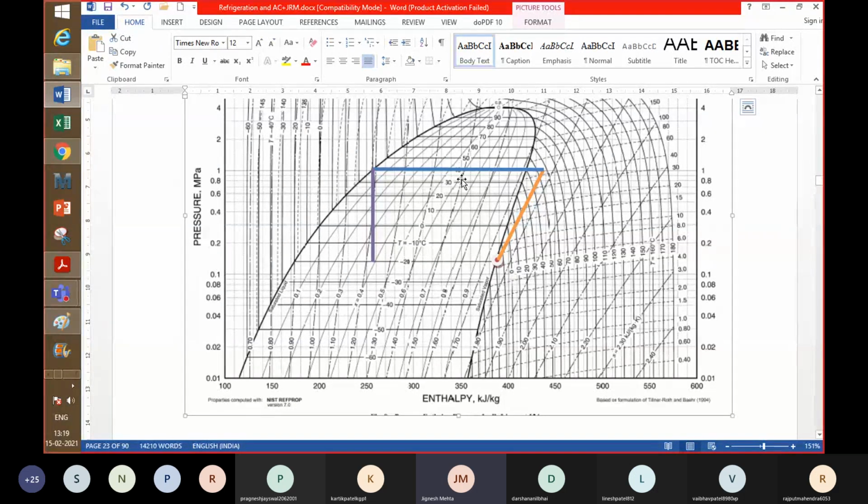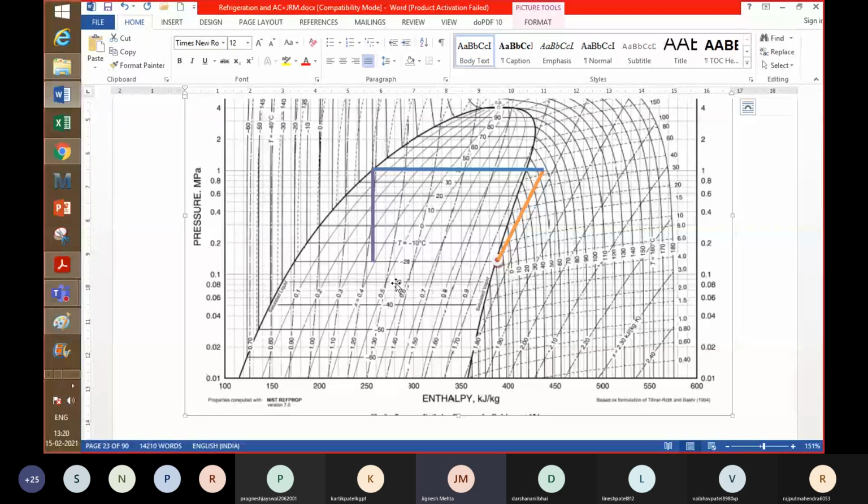If somebody can confirm and give me that number, you can post it in the chat box, okay, in the message box. So this should be the dryness fraction, somewhere around 0.42 or 0.43, of the vapor coming out of the throttling device or entering into the evaporator.